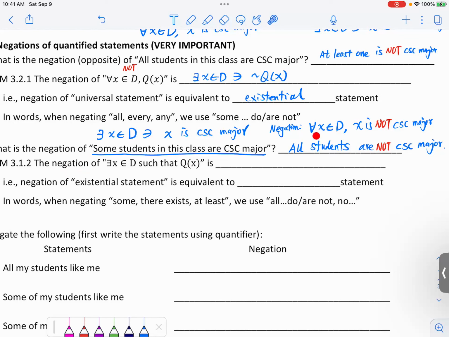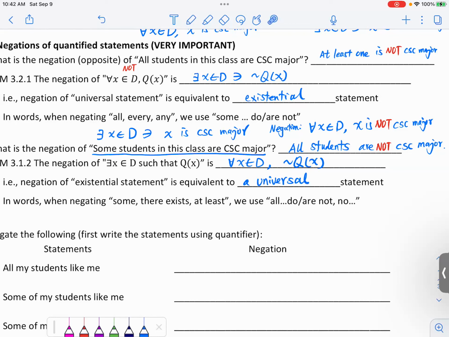It will become a universal statement, and we have to negate the predicate to get the negation. Therefore, it is going to be for all x in D, not Q of x. So in other words, the negation of an existential statement will be a universal statement. And don't forget to negate the predicate there.